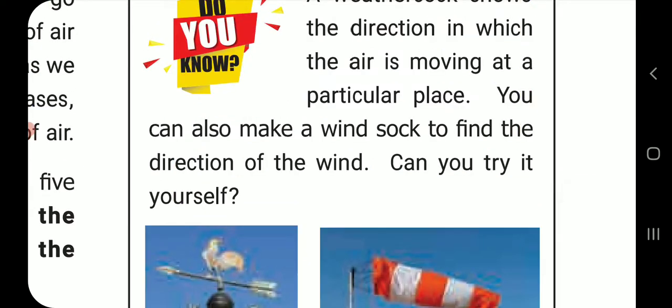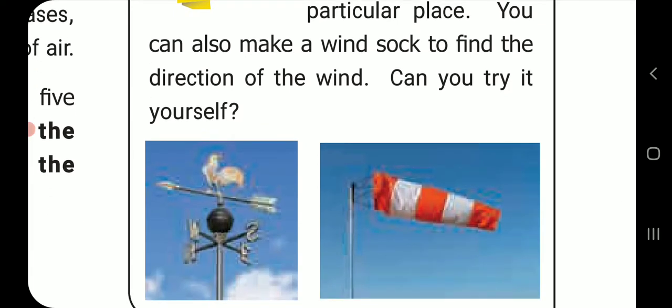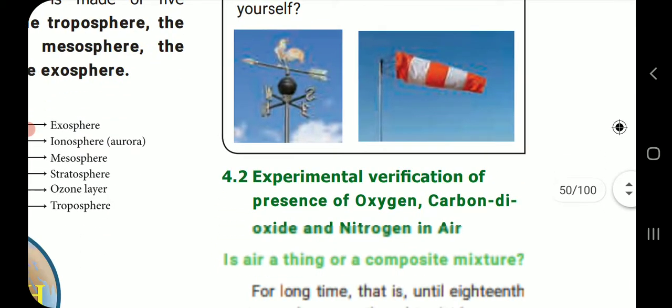Wherever the air flows, the flow of air can be seen whenever the plastic bag bulges; on that side will be the direction of the wind. They have used a wind sock to find the direction of the air. If the plastic cover is not bulged, then the air is not flowing in that direction.